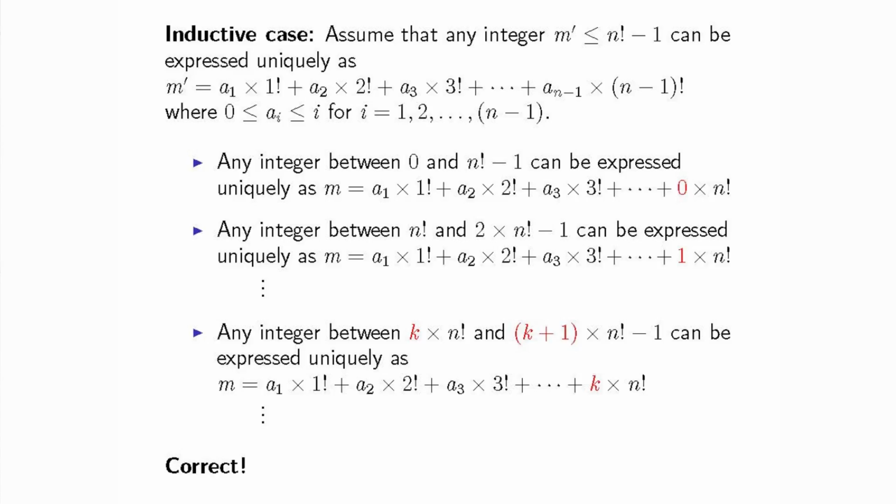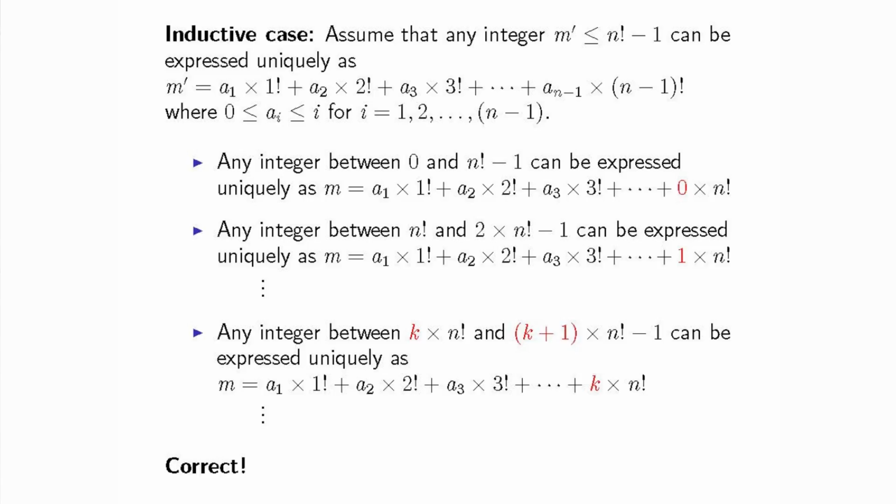Then for the n case, any integer between 0 and n factorial minus 1 can be expressed as some a1, a2, a3 times 1 factorial, 2 factorial, 3 factorial, plus 0 times n factorial. And for any integer between n factorial and 2 times n factorial minus 1, we can express it as something plus 1 times n factorial, and so on.